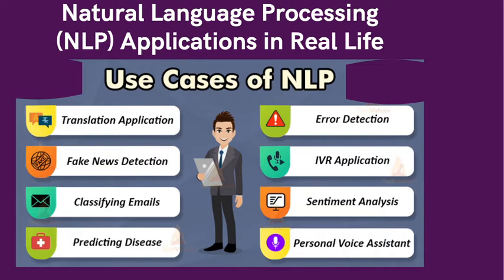NLP can be used in predicting diseases, whereby information about treatment, about care, which can often be in a form that humans cannot immediately make sense of, but machines will ingest this data, read this data, interpret this data, translate this data, and make a judgment call, predict a certain treatment plan, or give rise to a decision that can alter a particular course of action that has been noted for a person. NLP can be used to detect errors.